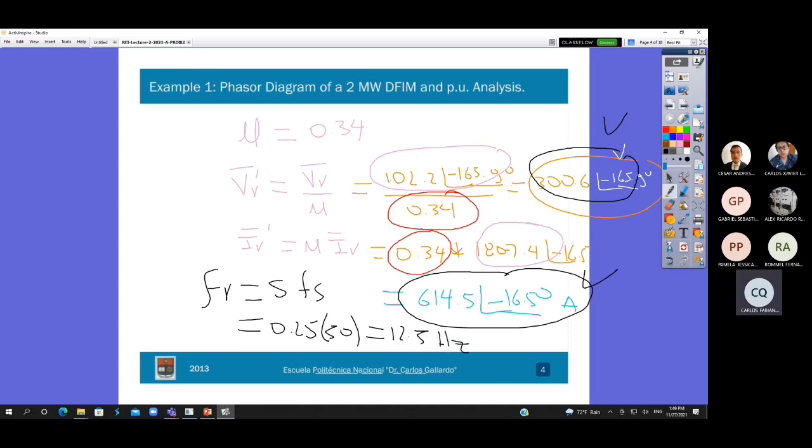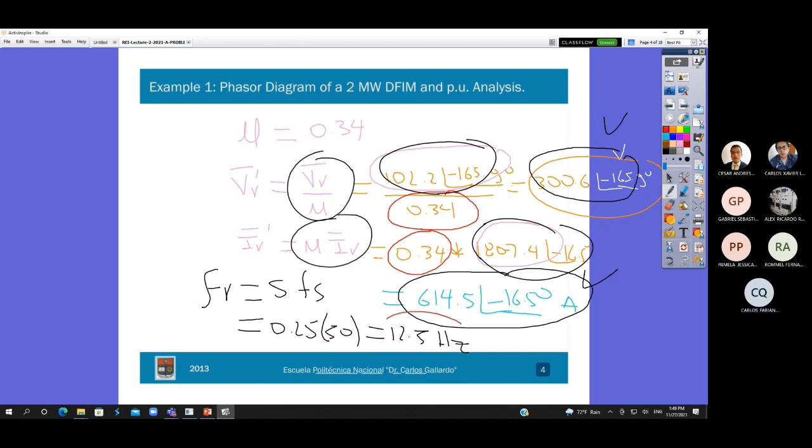So in the beginning, if I have these values, the frequency of operation is 50 Hertz. Because now I am referring to the rotor side, now the frequency of operation is 12.5 Hertz. Is that clear, Mr. Rocha? Yes, doctor. Okay, any question, guys? Is that clear?